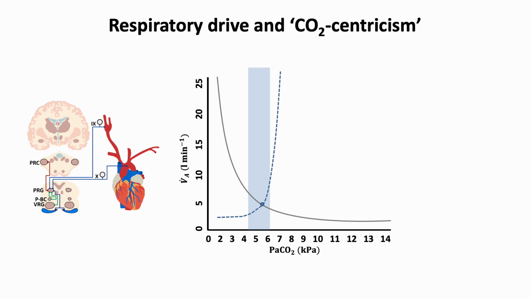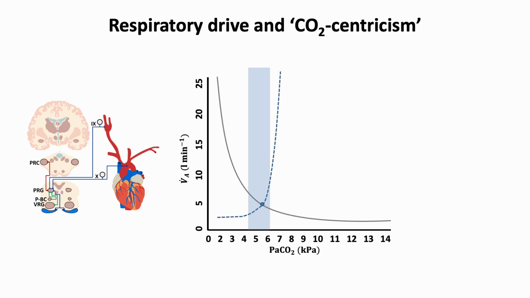So this graph is actually showing chemoreceptor feedback. So it shows that when PaCO2 increases, this will cause a reflex increase in ventilation. And in a given person, ventilation will be set where these two graphs cross each other.